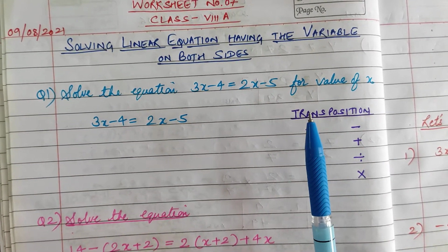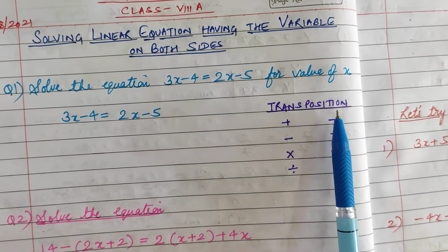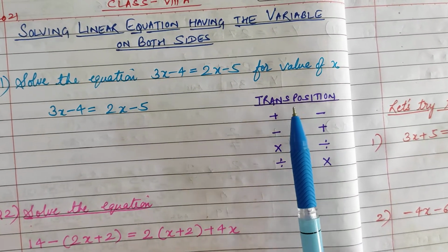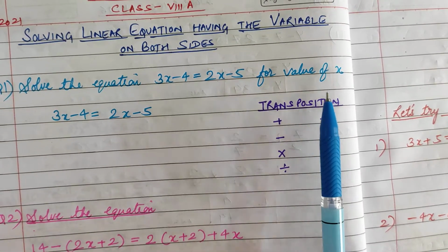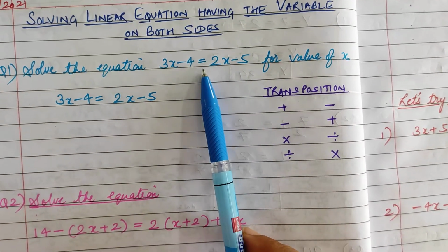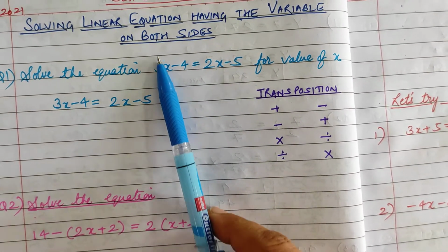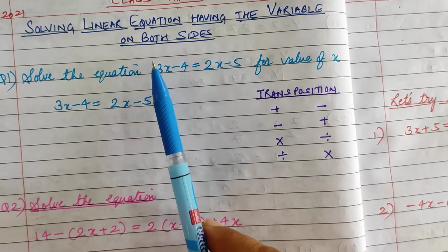Now before that we will be just learning about transposition. Transposition means changing the position of a variable or constant, anything. So changing position means we are just transferring the variable or constant to the other side of the sign equals to. We can bring it to the right hand side or we can bring it to the left hand side.